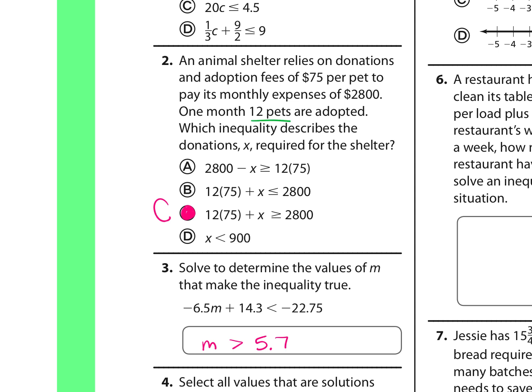So we know there's 12 pets adopted at $75 per pet. So 12 times $75 per pet plus X, however many donations are needed, has got to be greater than, or it could be equal to, $2,800. And that is answer choice C.